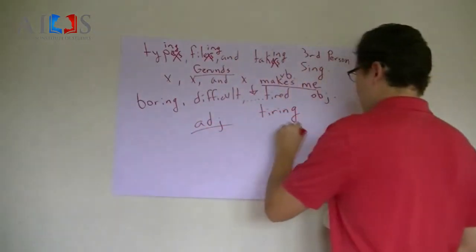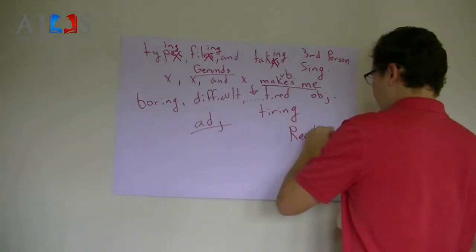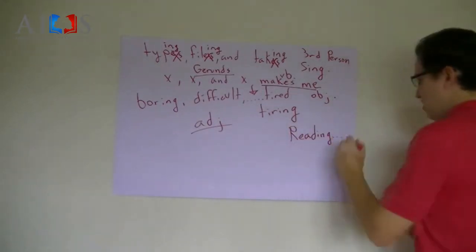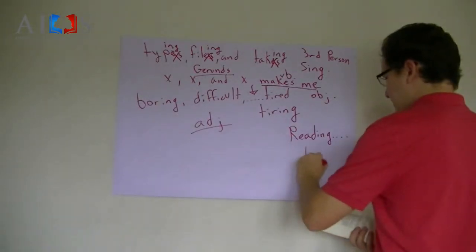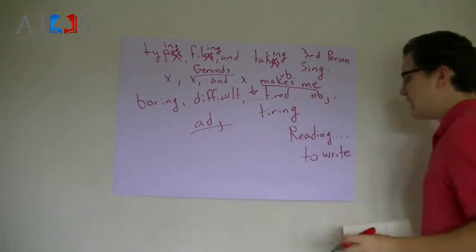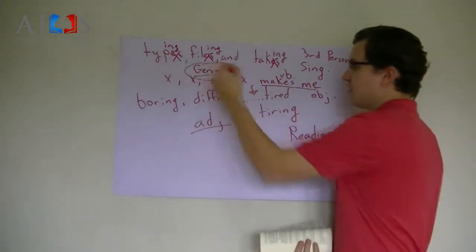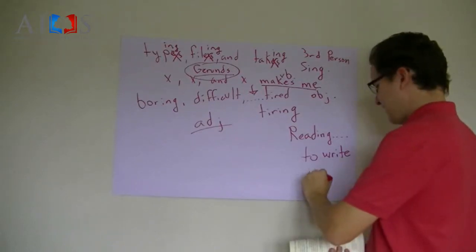Here we have the word reading. And later in the sentence, we have to write. Now this is a gerund, this word here, and this is an infinitive.